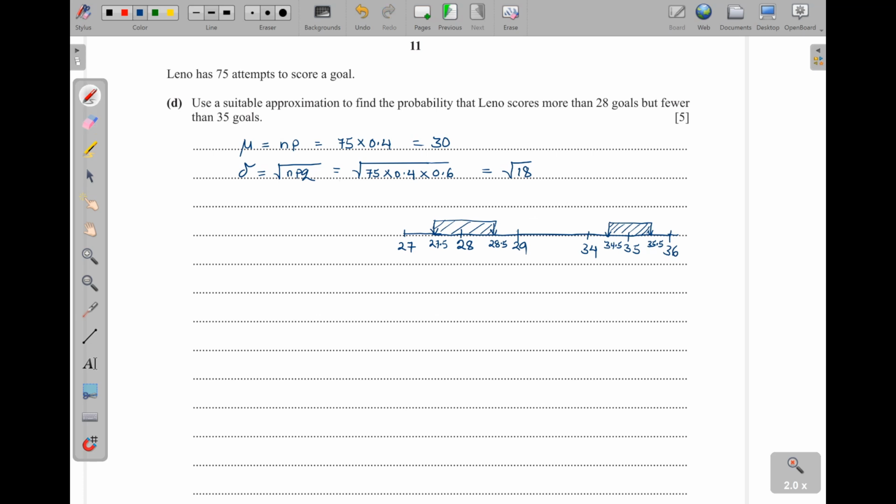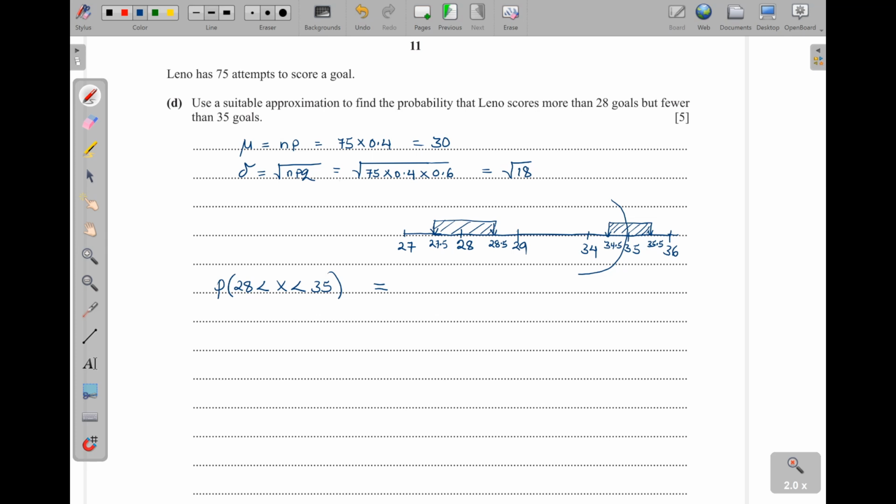Now, when I'm finding the probability of 28 less than x less than 35, this one is the same as we want below 35 and also above 28. So that means 28 is not included.